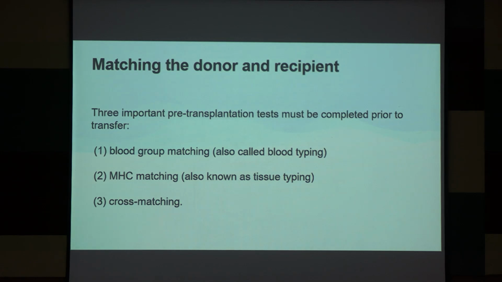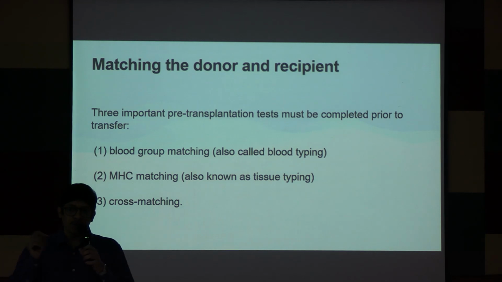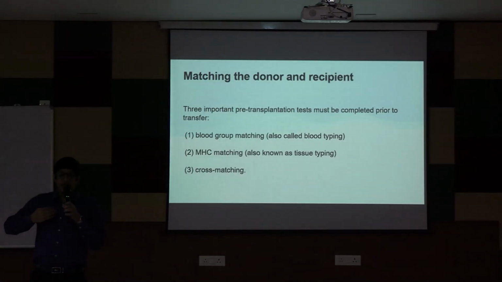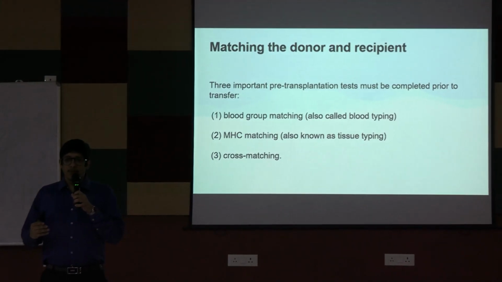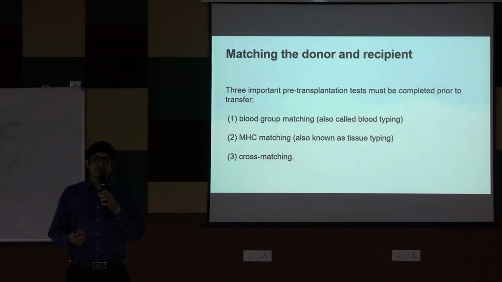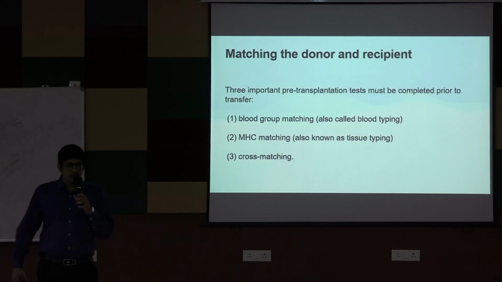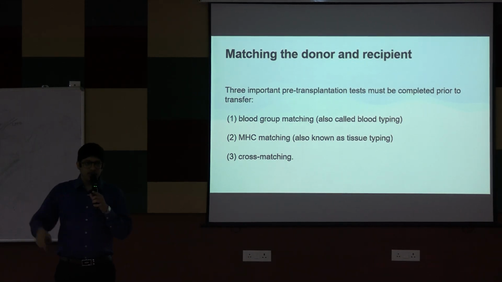Preventing a rejection is a 2-pronged approach. One is you select the ideal donor for the particular recipient, and number 2, you prepare the immune system of the body so that it becomes capable of receiving a foreign protein. You get my point? So it's a 2-pronged approach.